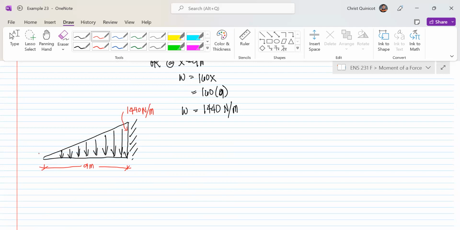Like what we did in our previous example, we can take a strip somewhere here, and this is our dA, which is equal to W dx, right?